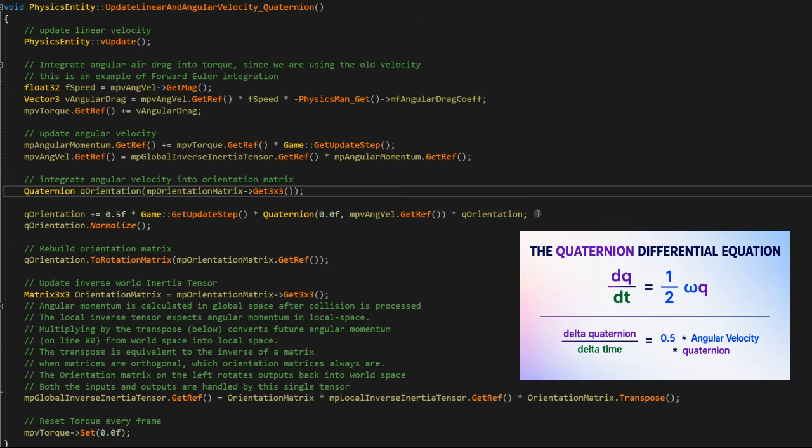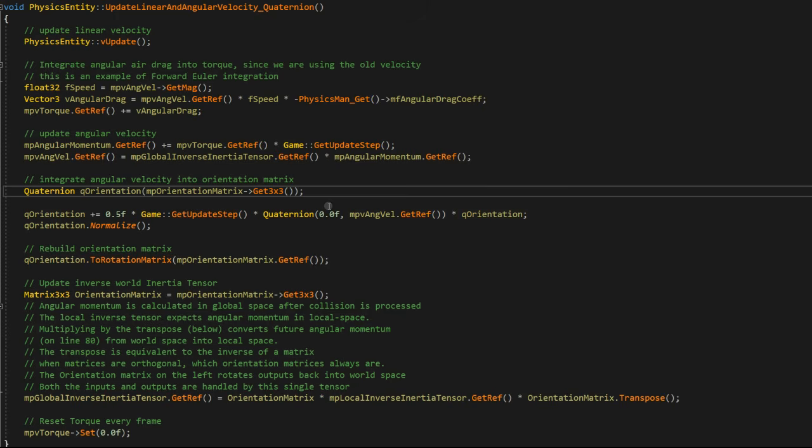Angular velocity is embedded into a quaternion by setting the scalar part to 0, producing a pure quaternion. Pure quaternions allow positions and vectors to participate in quaternion operations without losing their meaning. We multiply it by the orientation quaternion, so the final quaternion is defined relative to the current orientation.